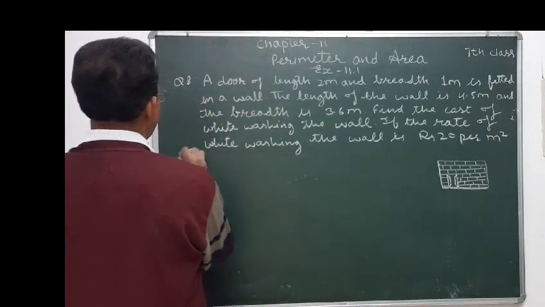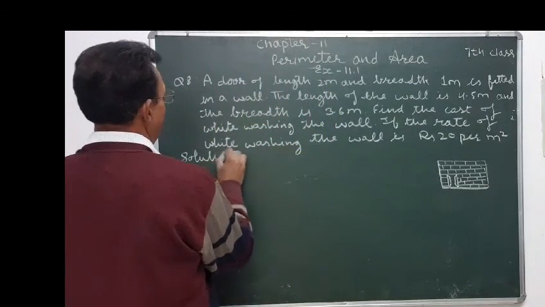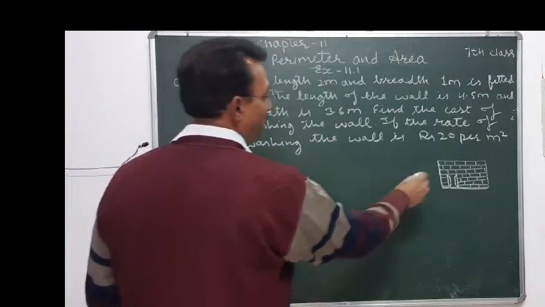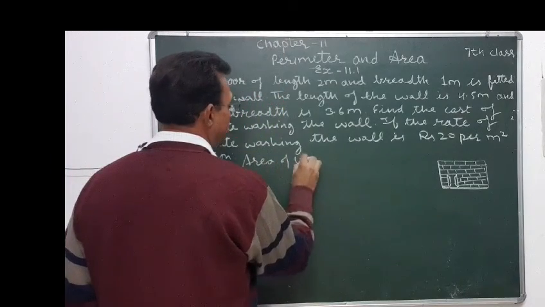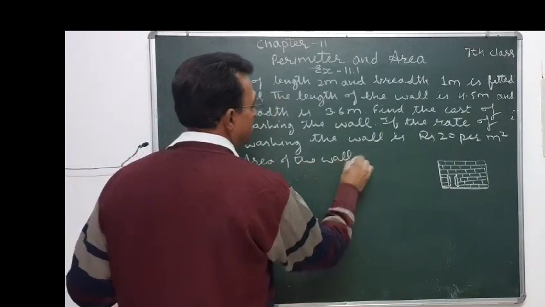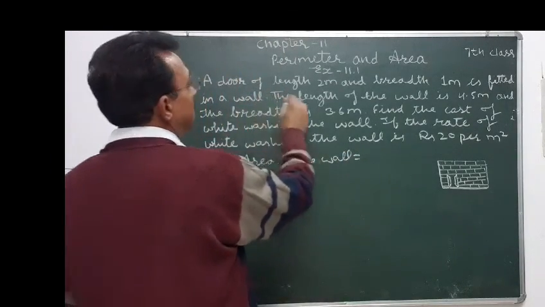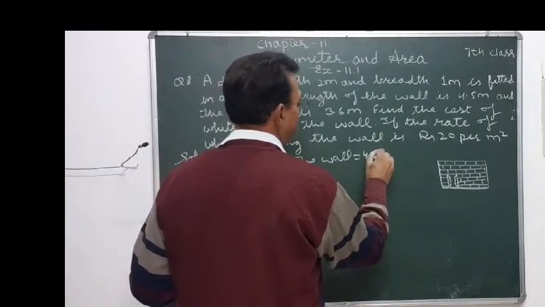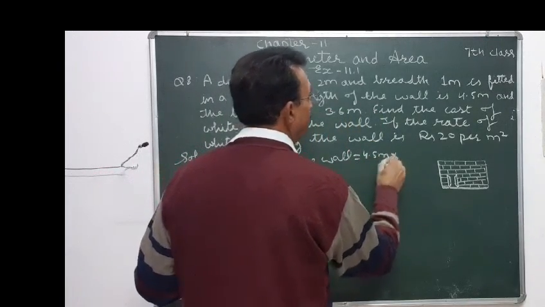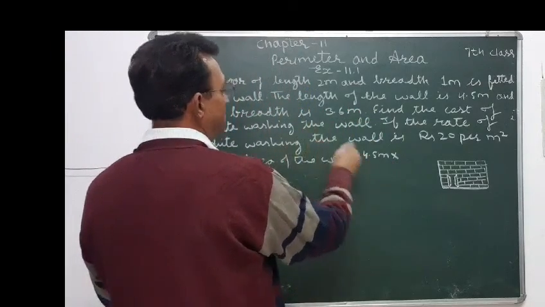So solution. First of all, we have to find out the area of the wall. Area of the wall: the length of the wall is 4.5 meter into 3.6 meter.